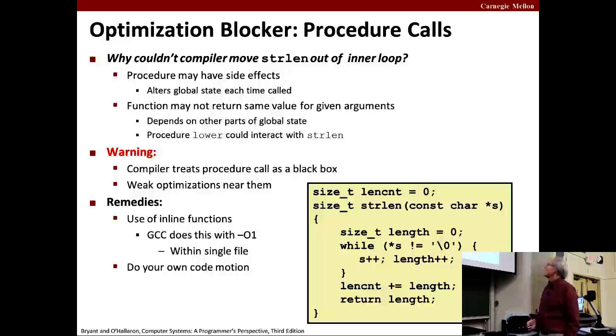In particular, imagine I provided a customized strlen function like this that is keeping track of the sum of the lengths of all the strings it's been called on, or some other side effect like that. That program would produce a very different result depending on whether or not I make the optimization.